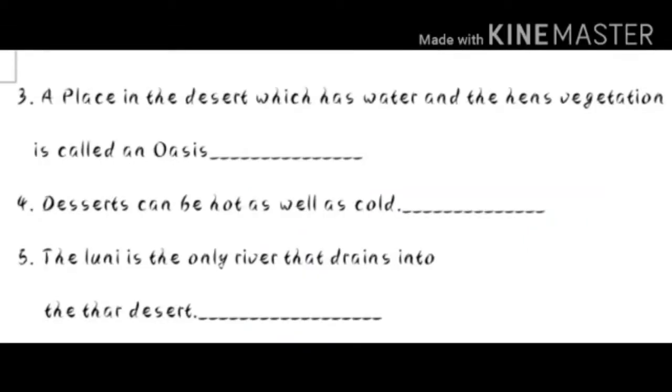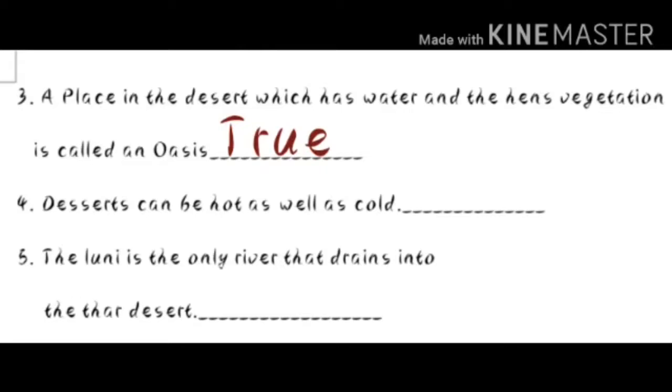Third one. A place in the desert which has water and hence vegetation is called an oasis. The answer is true.